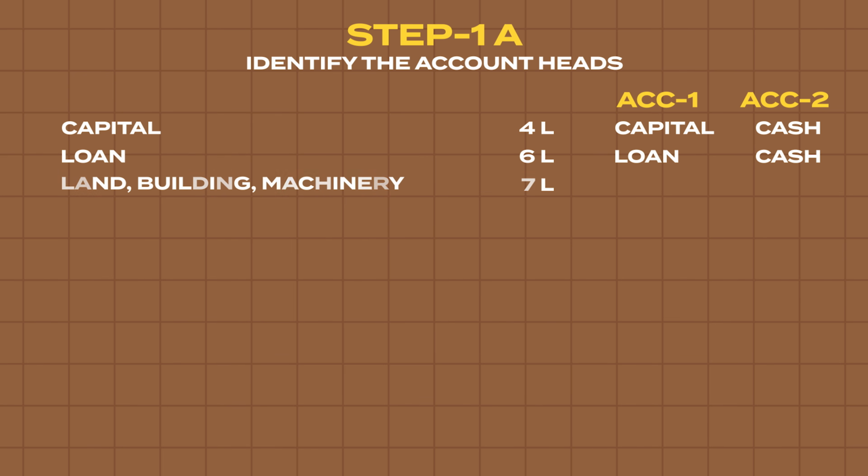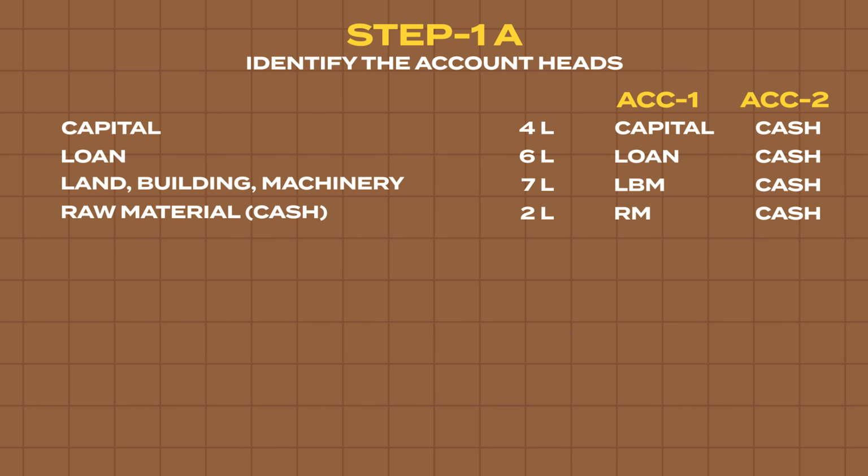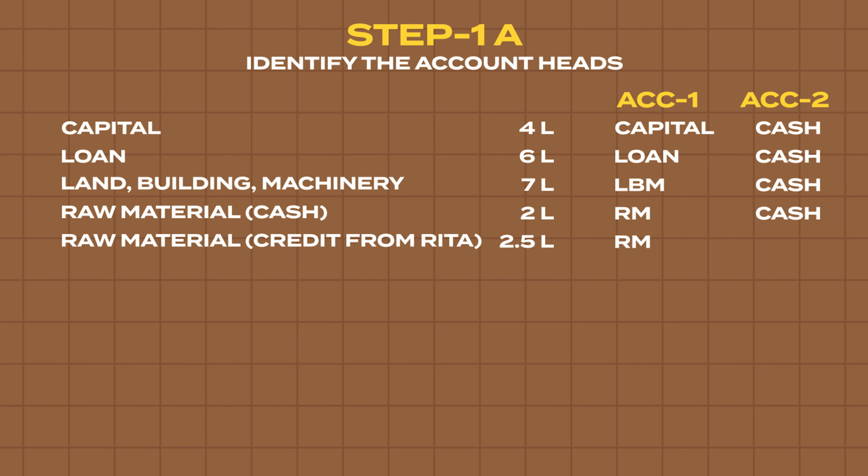When you bought land building machinery, land building machinery account; cash has been spent, so cash account. When you purchase raw materials against cash payment, it is raw material purchases, account number 1, and cash, account number 2. When you bought raw materials from Rita, there is a raw material purchases account, but there is no cash because you haven't paid Rita.